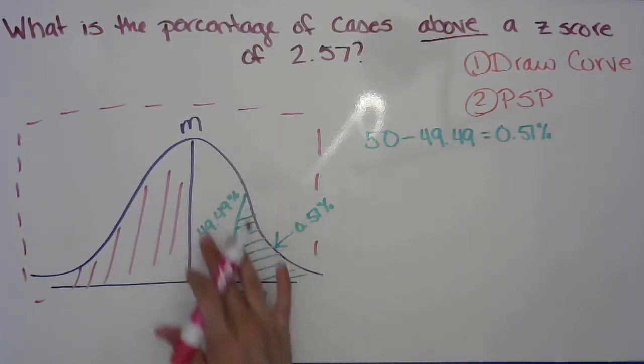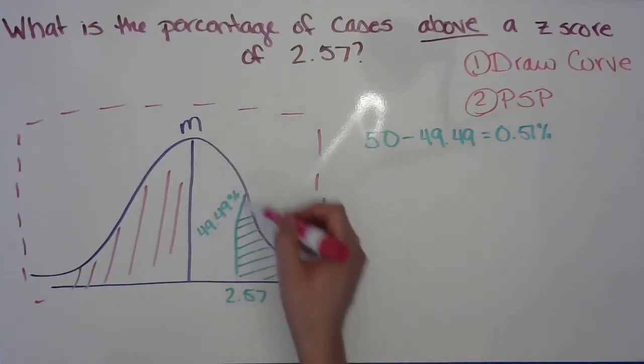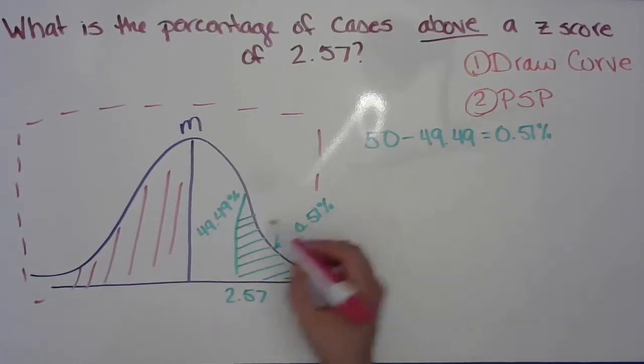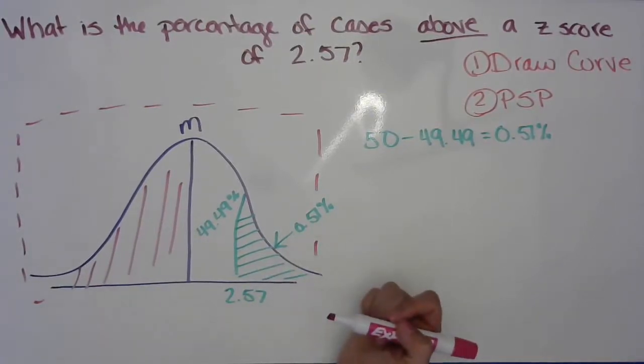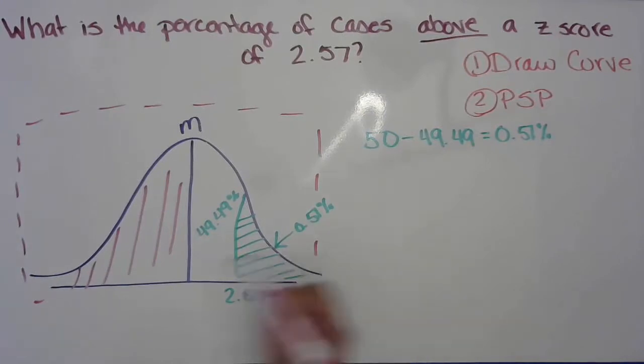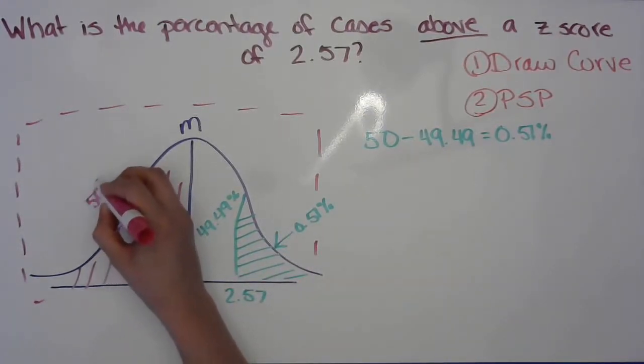So since this is the area that we're dealing with, you can take the 50% of this part of the curve, subtract your percentage here, and that's going to give you what is left over here of the 0.51%.